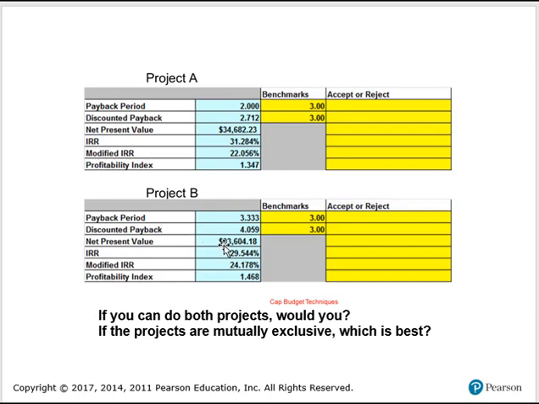Net present value says that B is better. $93,000 is the increase in value of the company if you do B. Internal rate of return, though, says that if you do A, you get 31% compared to 29% for B. So you get a higher rate of return. But this is a perfect example of asking percentage of what?